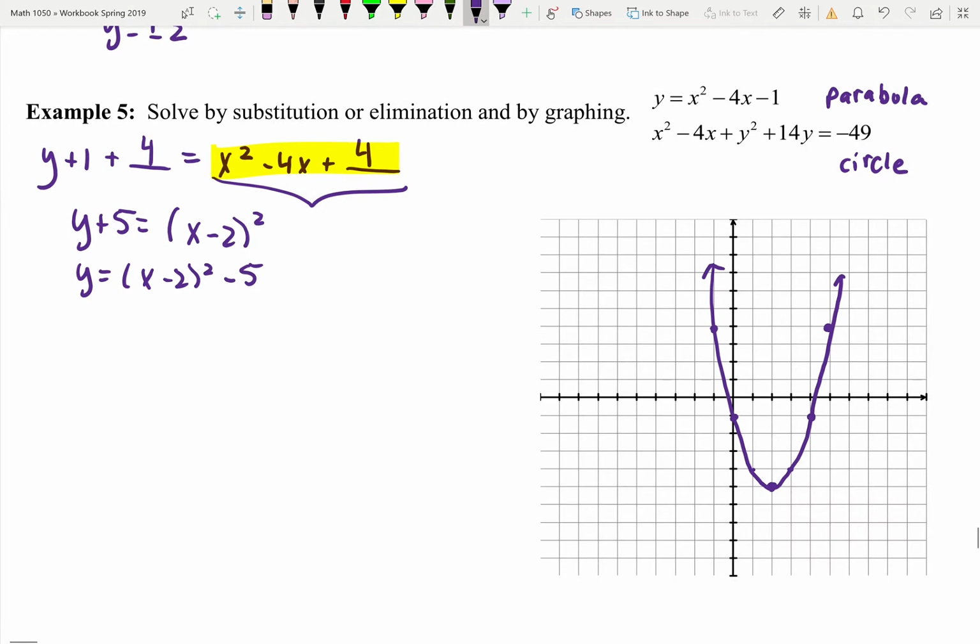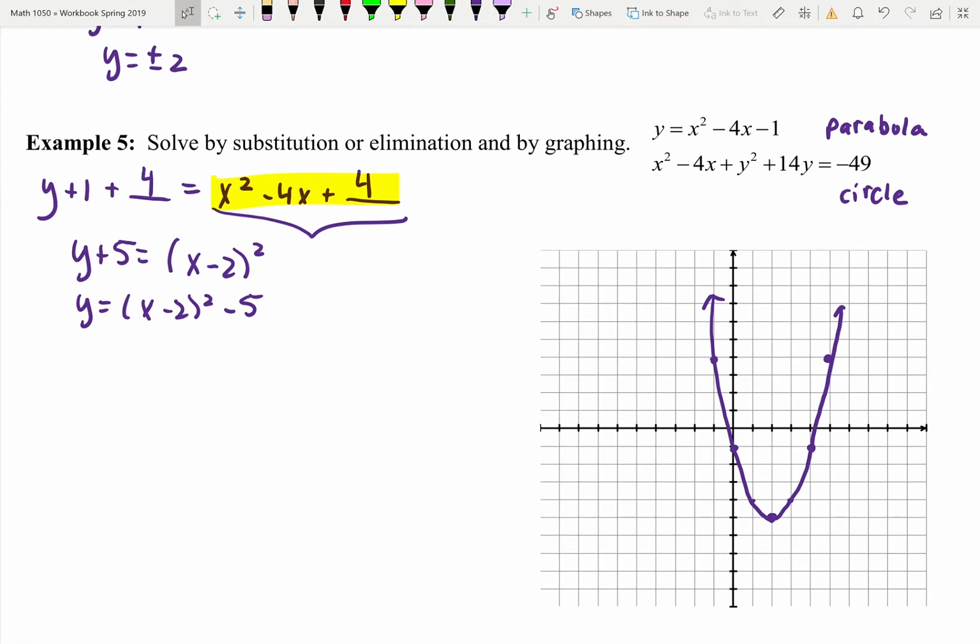Look at this circle. We've got 2 problems because I have an x to the first and I have a y to the first. So I'm going to have to complete the square on both the x's and the y's. So everybody go x to the second minus 4x plus blank plus y to the second plus 14y plus blank equals negative 49 plus blank plus blank.